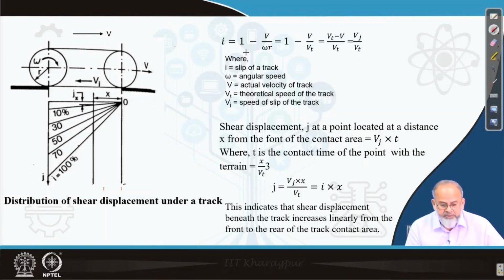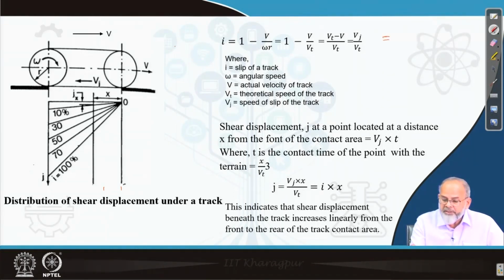Omega is the angular speed of the sprocket, and r is the radius of the sprocket which is driving. So omega r will give you virtually the theoretical speed, which is denoted as Vt. So I can write i equal to 1 minus V by omega r, equal to 1 minus V by Vt, and if I simplify this, it is (Vt minus V) by Vt. V is the actual velocity, and the difference between theoretical speed and actual speed is denoted as Vj.